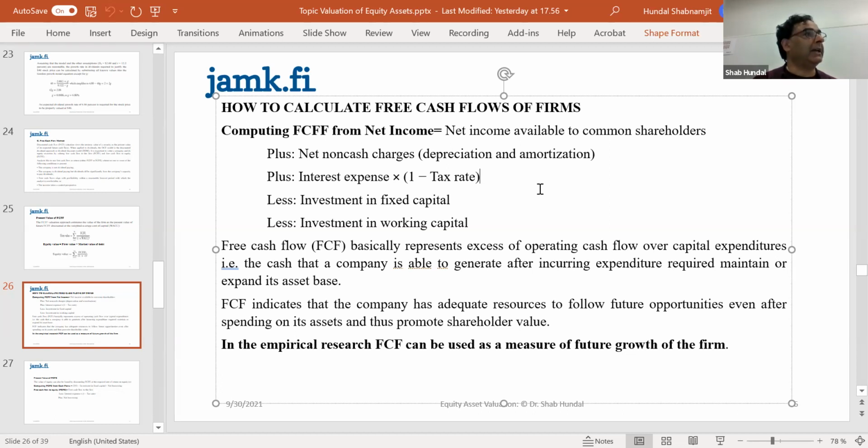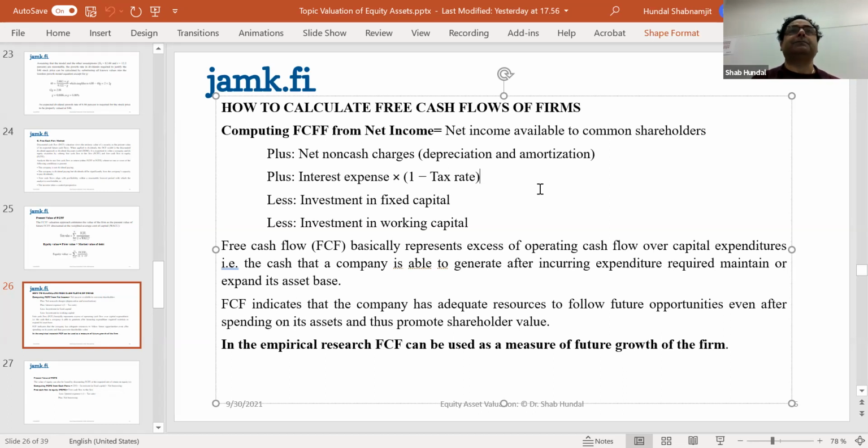Because you are planning to make some growth in the future. You want to grow. If a company chooses to remain where it is, it would never buy new machinery. It would never arrange any working capital because it doesn't want to grow. So these expenses, which are growth oriented, we adjust, and this money which we get is called free cash flow from the firms.